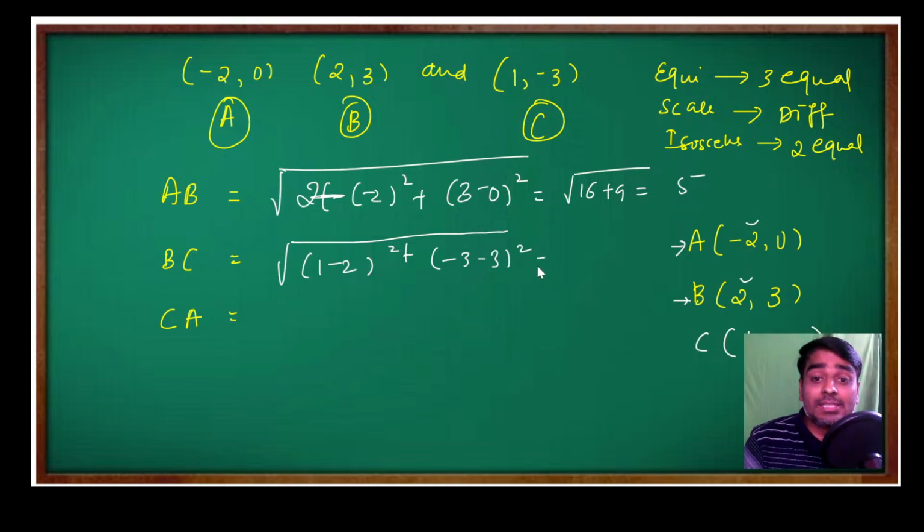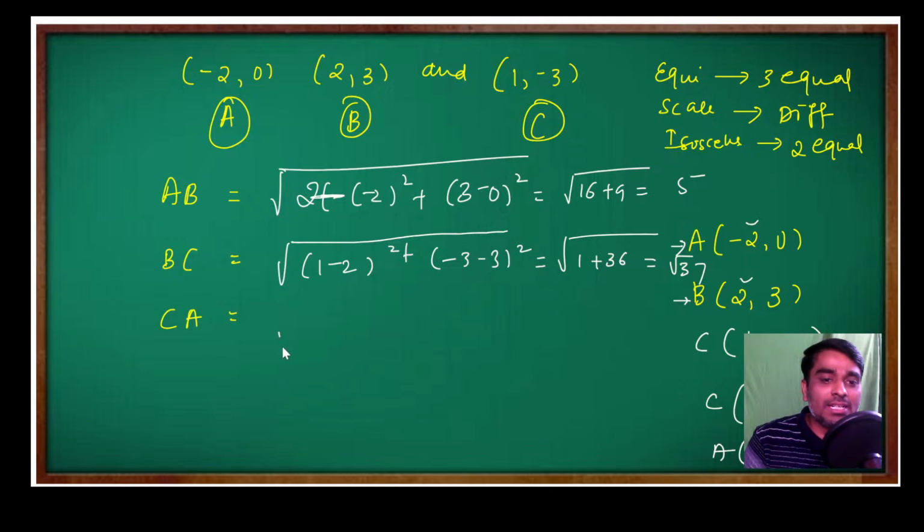Now 1 minus 2 whole square is 1, and minus 3 whole square is 9, 1 plus 9, so root 10 is the answer. Got it? Now CA, right? C first, 1 comma minus 3, then comes A, minus 2 comma 0. So take the C coordinate first always.